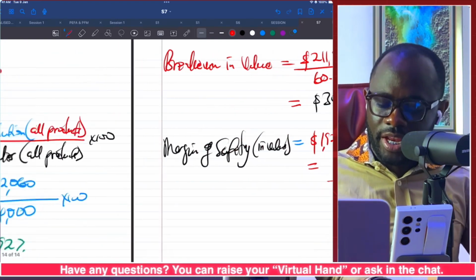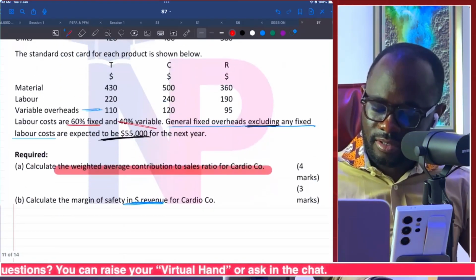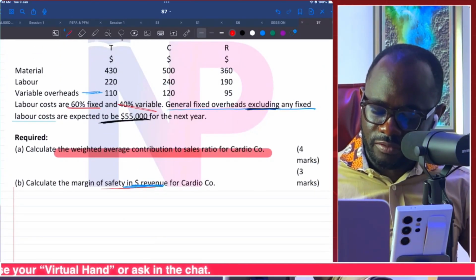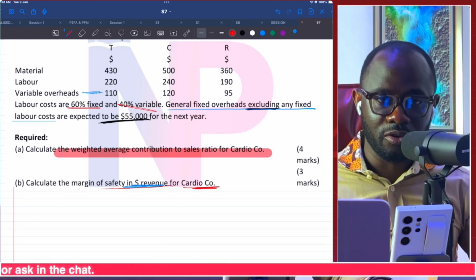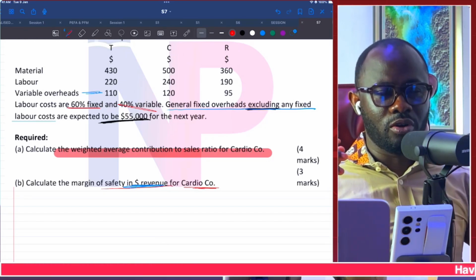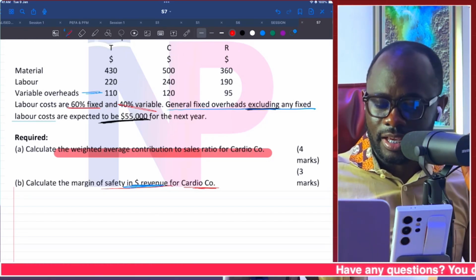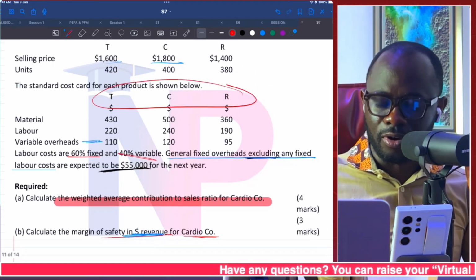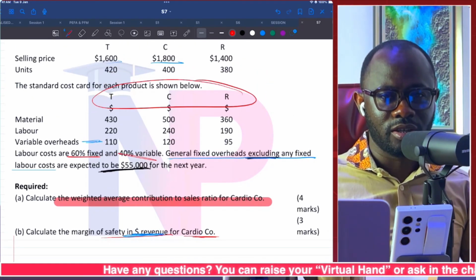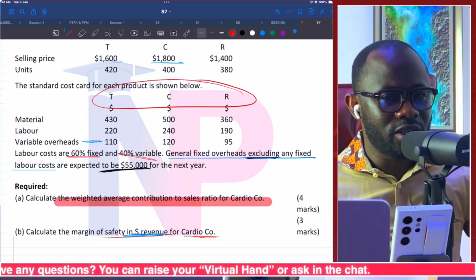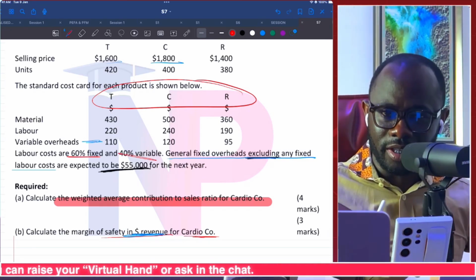So again, the way the question was asked, it says margin of safety for Cardio Co. So we have to understand that they are in a multiple product environment. So for me to calculate margin of safety, I need break-even point.